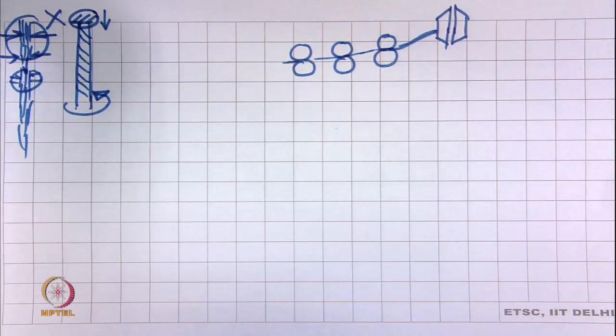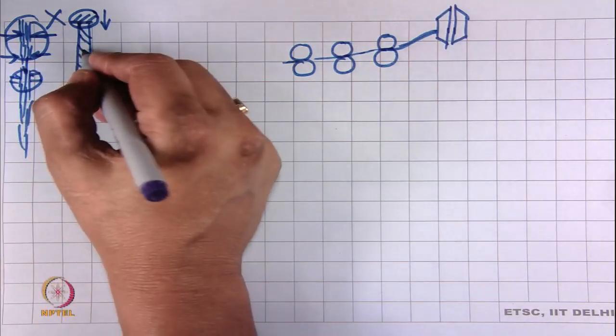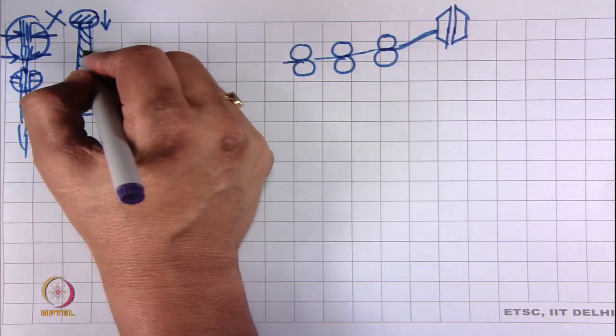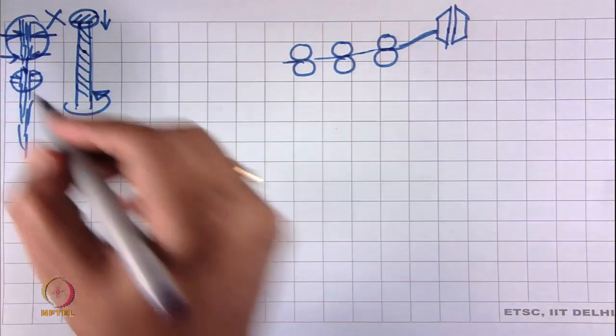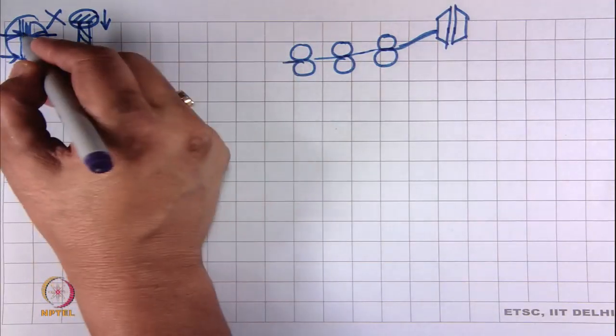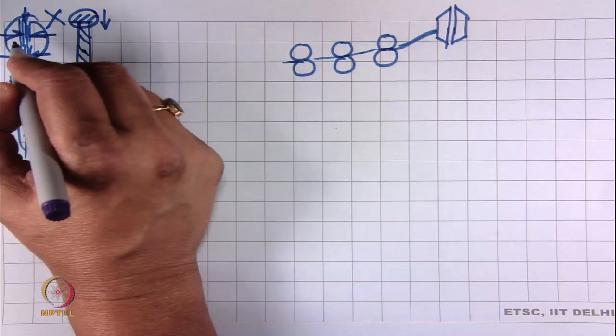In this way the fibers in the outer surface will have to travel a longer path as compared to the fiber in the core or inner surface.